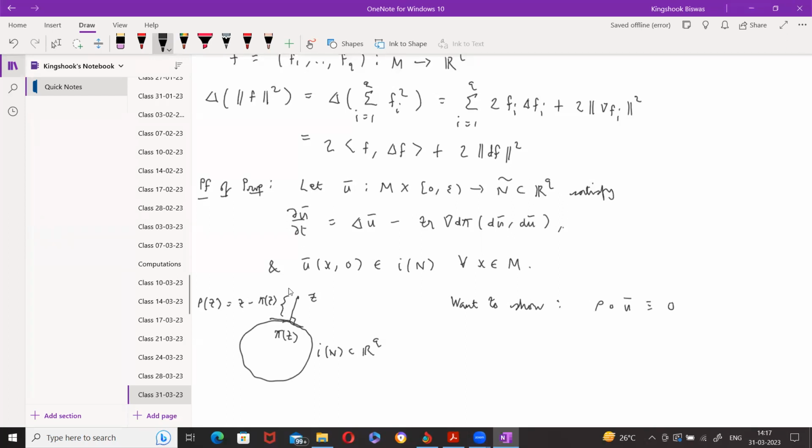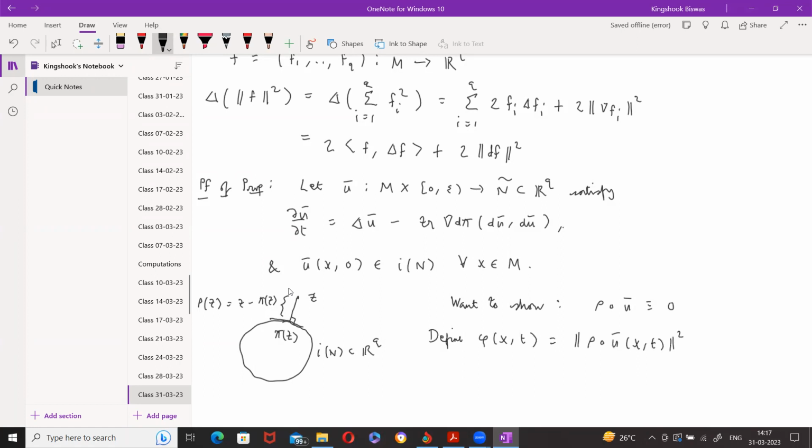This is what we want to show. So therefore, what we can do is look at the function phi of x, t, which is the Euclidean norm squared of rho composed with u bar of x, t.